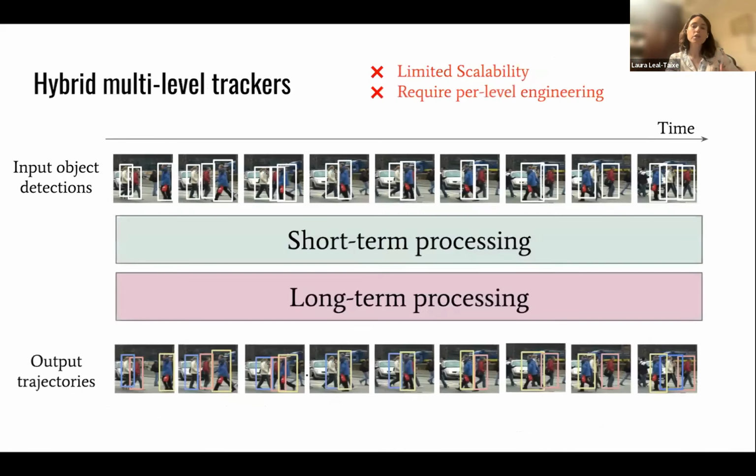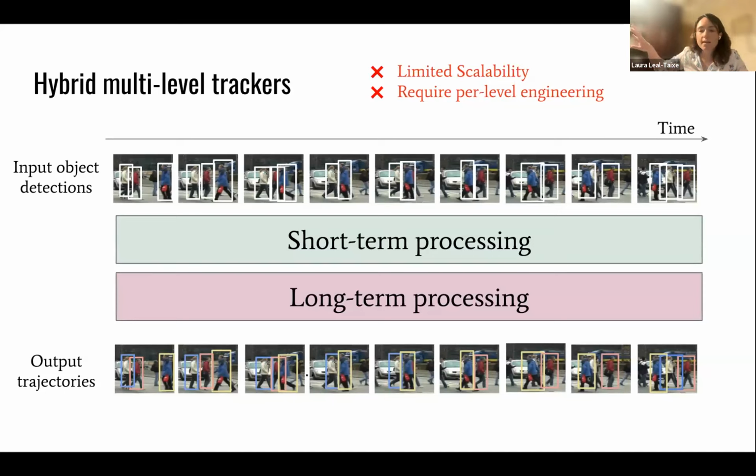Well, we looked back at the literature and we said, hey, most of the trackers are actually hybrid. So they have some sort of short-term processing, tracking frame by frame. And then they also have, in parallel, another type of processing for long-term occlusions. And you usually don't really write this down.